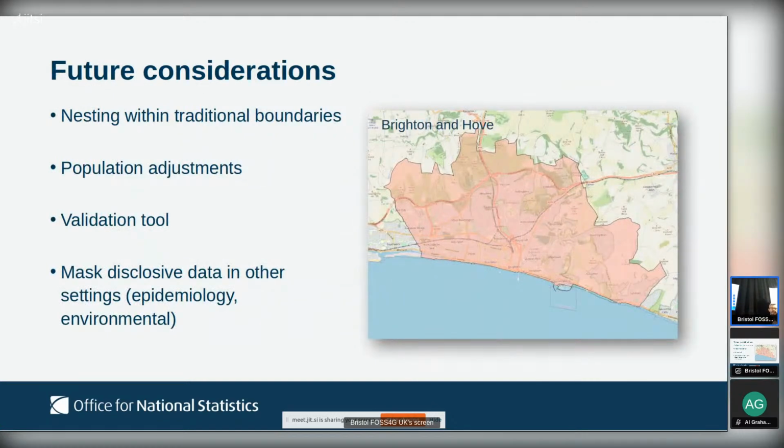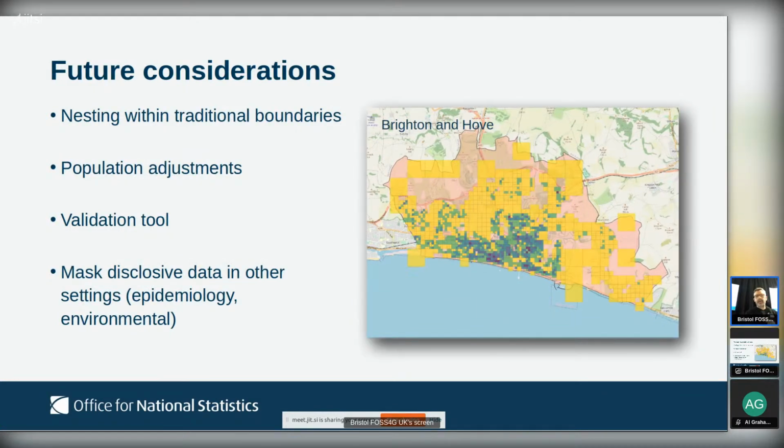So some things that we've discovered with this is the gridded data sets don't nest perfectly within traditional boundaries. So it's not obvious to show which local authority these outer grid cells are belonging to.